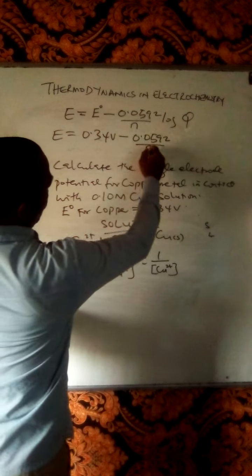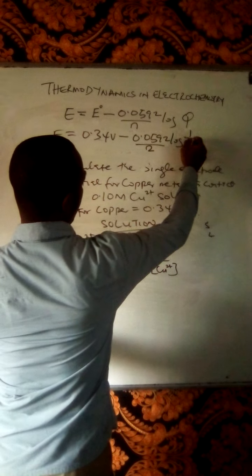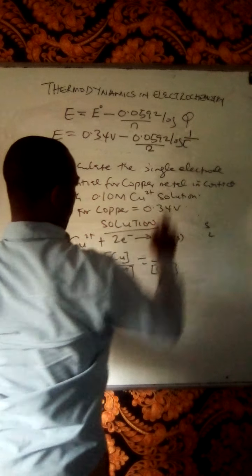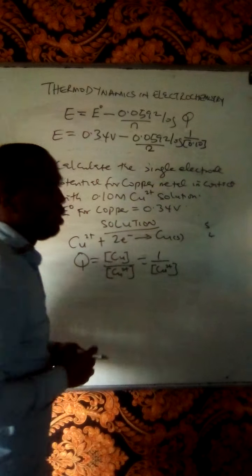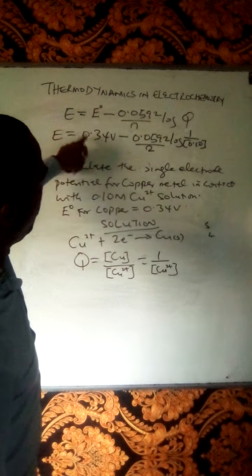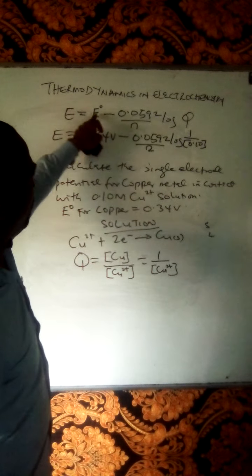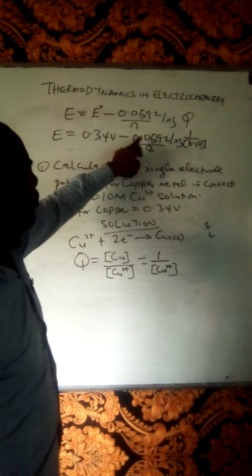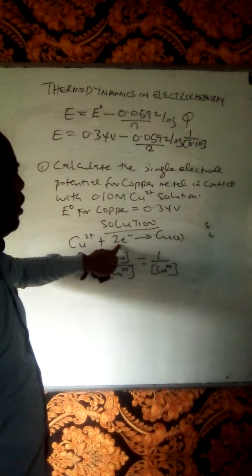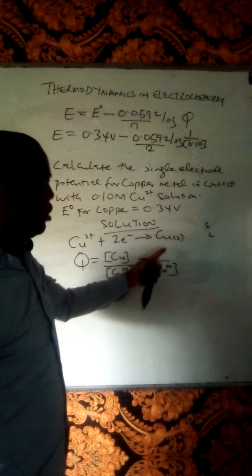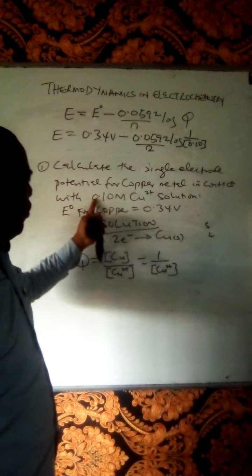Now it's all over 2, then log of 1 over the copper 2 ion concentration, which is 0.10 here. So replacing the values, the standard potential for copper is given here as 0.34, then 0.0592 all over the number of moles of electrons transferred, then the copper concentration is only 0.1.